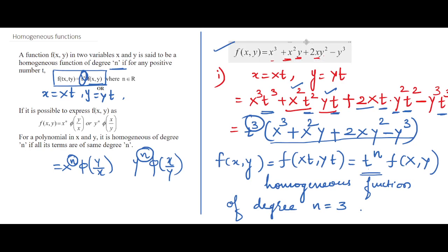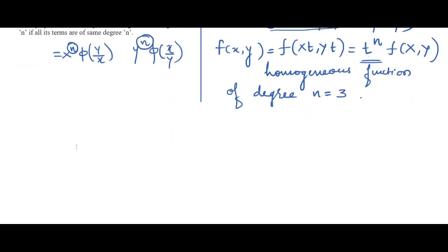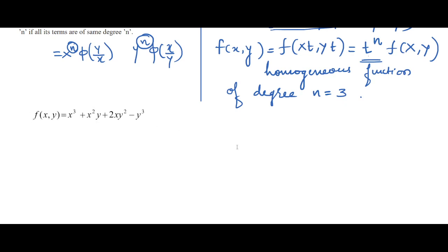For the same example, we can use another method. If I take x cube common from every term, the first term will be 1, plus the second term: x square is there, so we divide by x, and y by x times x cube gives x square.